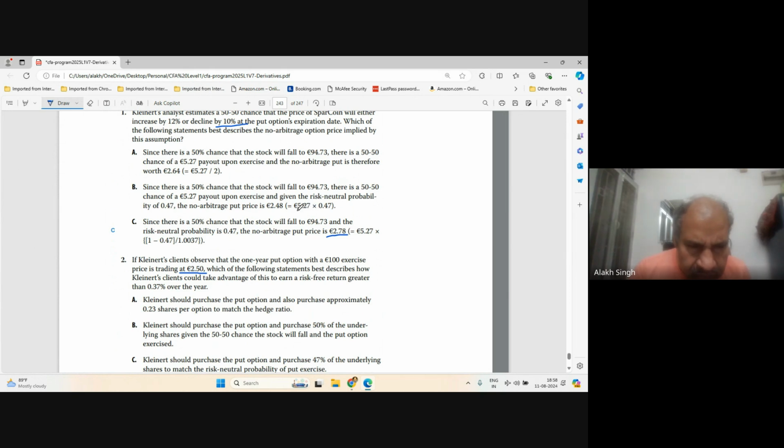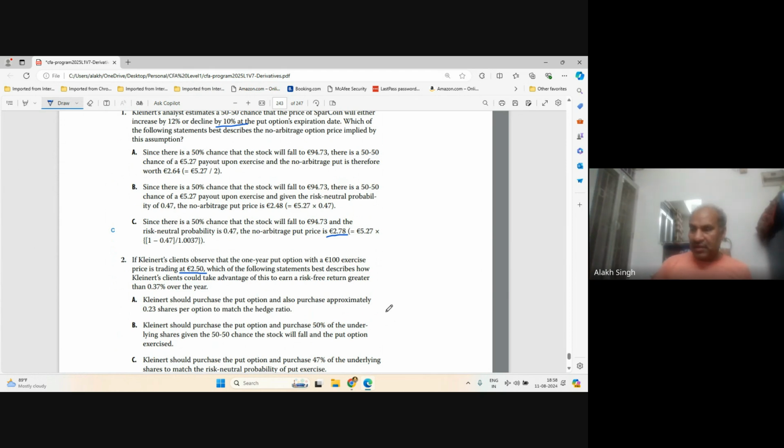That is what will happen. Sir, but option C has given the put price as 2.78. No, that is the put price, the expected value of P1U and P1D. So how do we calculate the hedge ratio? It is C1U minus C1D divided by S1U minus S1D.